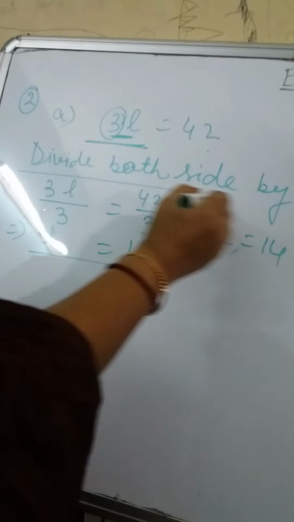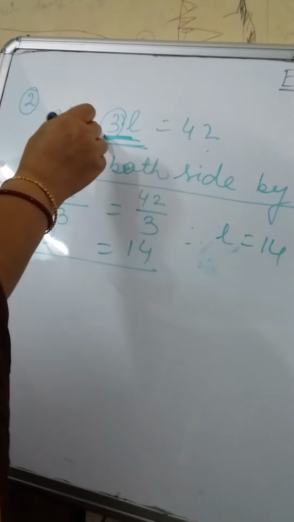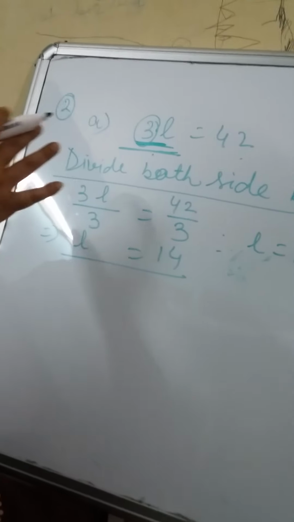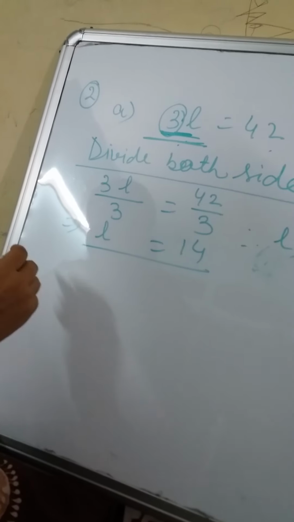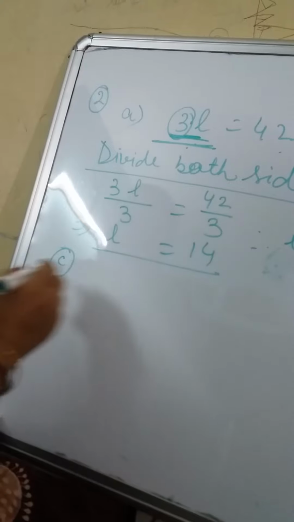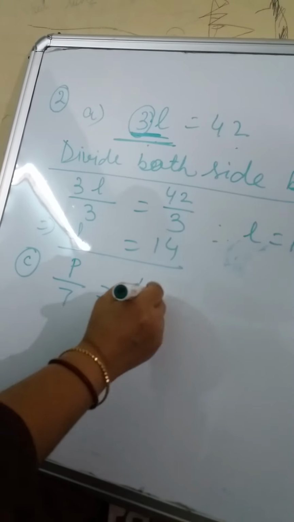But you have to write this step. That means when on one side it is multiplication, you have to divide by the same number to separate that variable. Now I'll show you question number C. p by 7 equals 4.